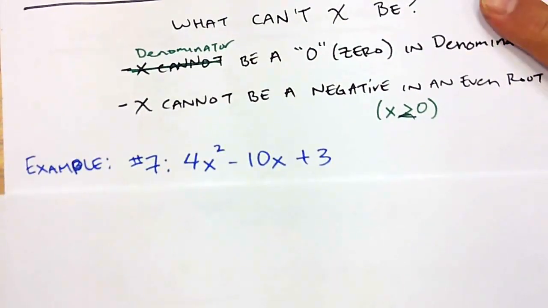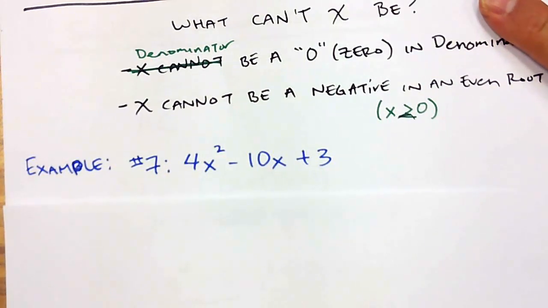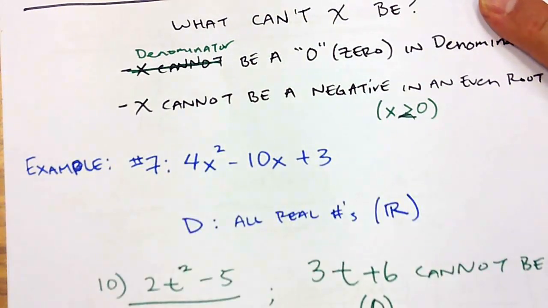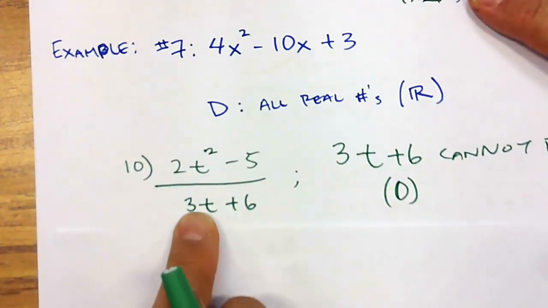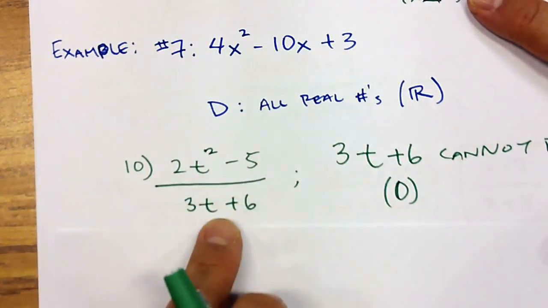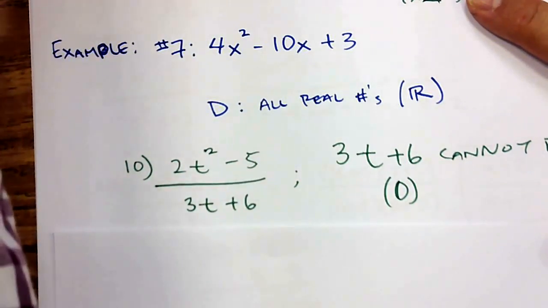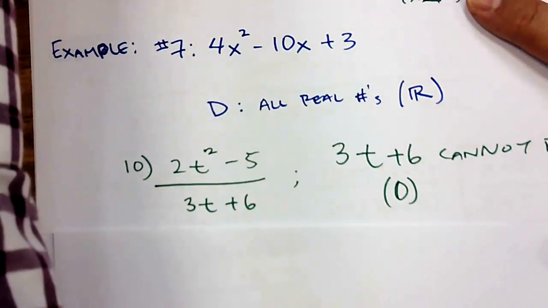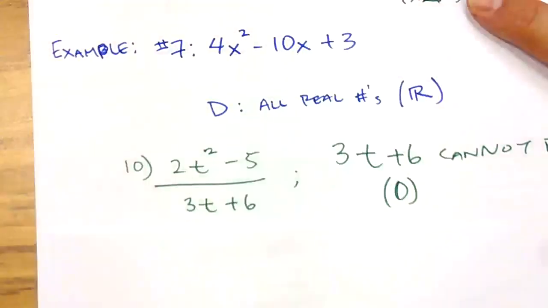So I do have an example here. This is not a rational expression. Actually, let's jump down to 10: 2t squared minus 5 divided by 3t plus 6. Like I said before, the denominator can't be 0.